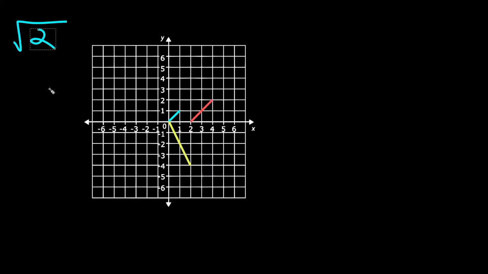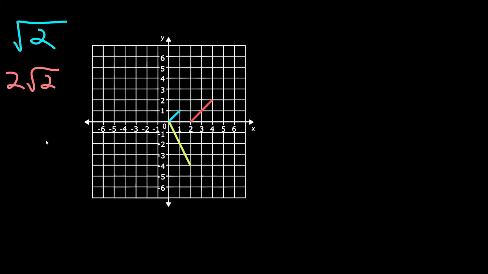It's root 2. Let's look at the red line. What's the length of this red line? Similarly, we're in a box that's 2 units by 2 units. And so, looking at our rule for 45-45-90 triangles, we know that this is 2 root 2.